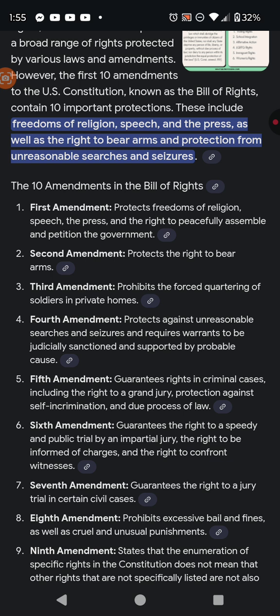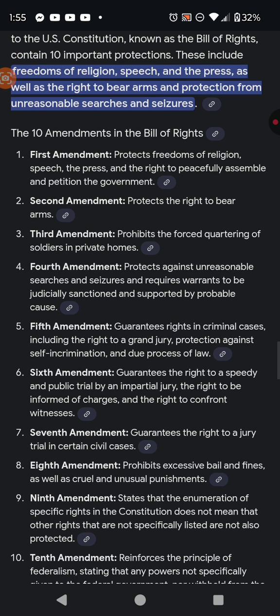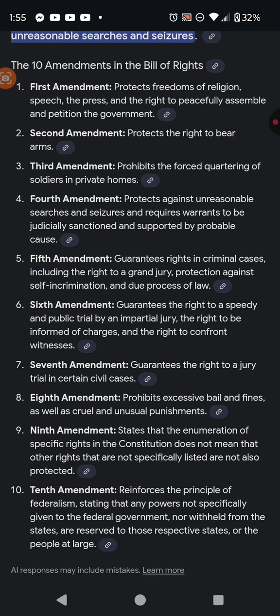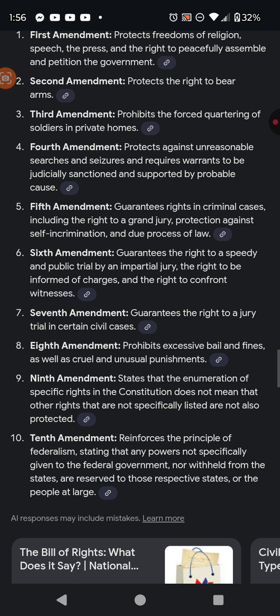Second Amendment protects the right to bear arms. Third prohibits the forced quartering of soldiers in private homes. Fourth Amendment protects against unreasonable searches and seizures and requires warrants to be judicially sanctioned and supported by probable cause. Fifth Amendment guarantees rights in criminal cases, including the right to a grand jury, protection against self-incrimination, and due process of law.